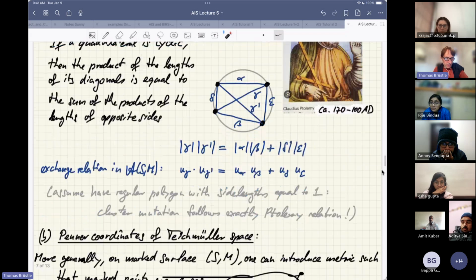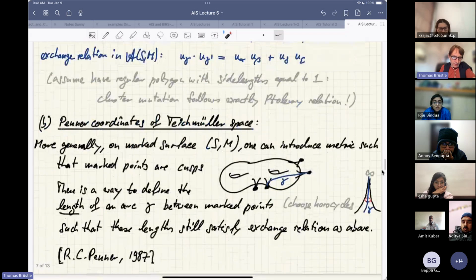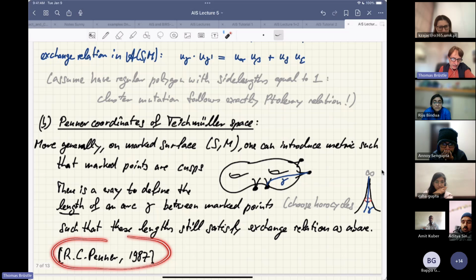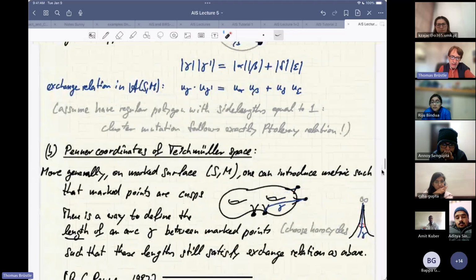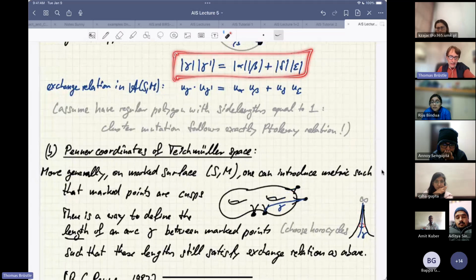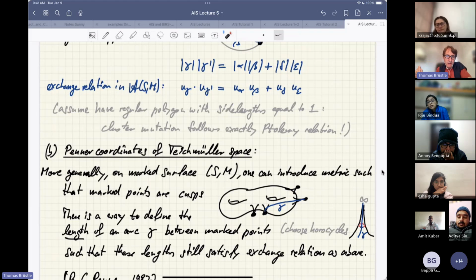You can get around this by a story that Penner has investigated in the 80s. In 1987, he found some way to kind of recover that formula for the lengths. But you need to introduce a different metric on your surface.